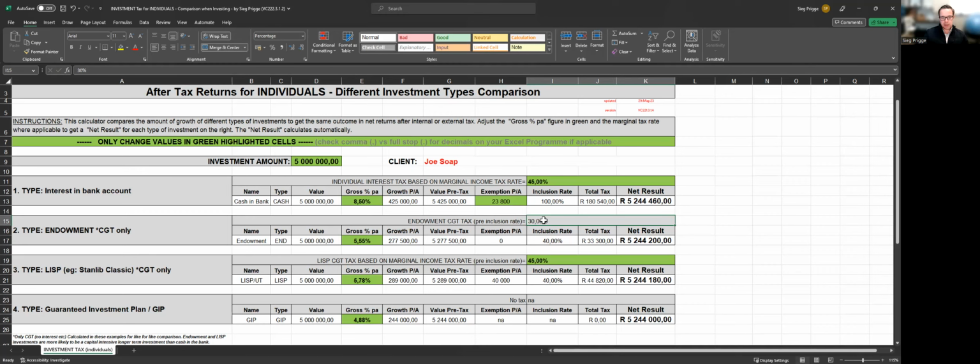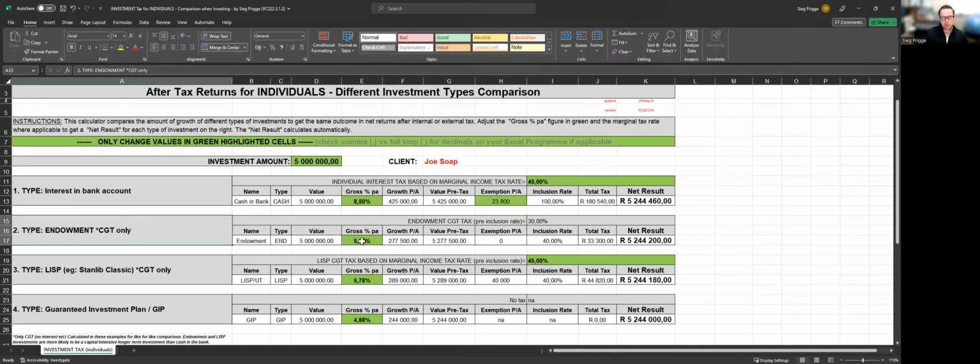So 30% at an inclusion rate of 40%. If you look at the interest bank account case we looked at here, the full interest that you earn gets included, then you get a 23,800 exemption, and then the tax gets applied on the amount above that. Right, back to endowments.